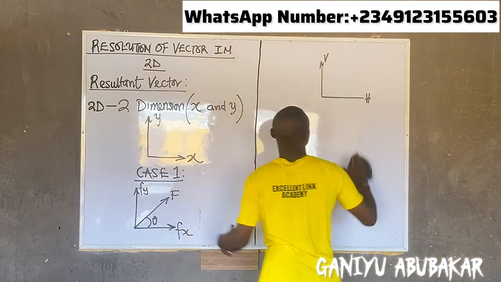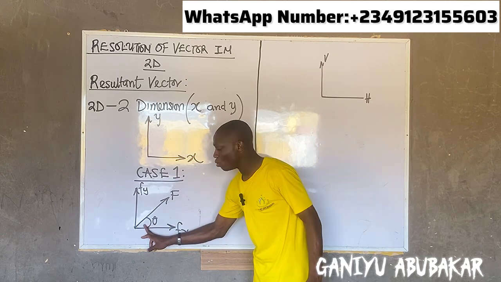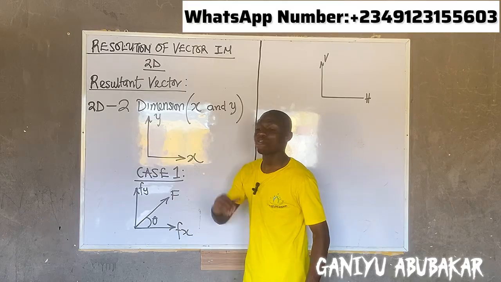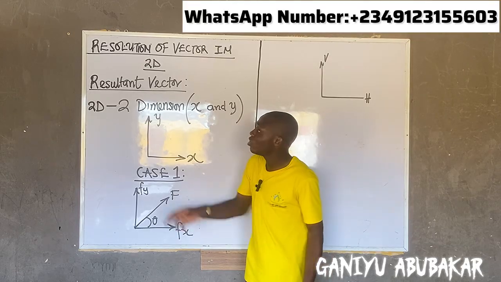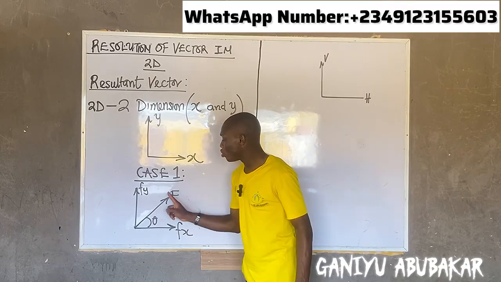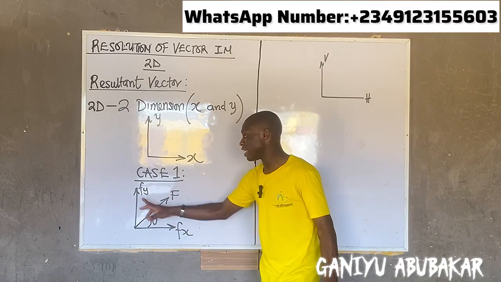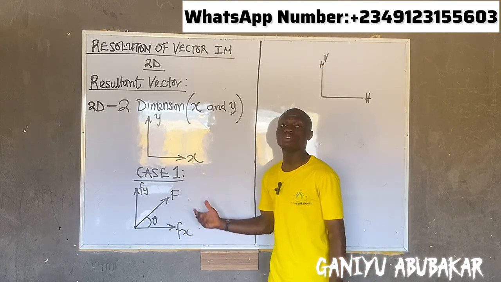If I'm asked to resolve this, I have a force and angle. I want to change the force and angle into vertical and horizontal components. It is called resolution. So I want to resolve this force and angle into a vertical component, that is F of y, and a horizontal component, that is F of x. What do you do?